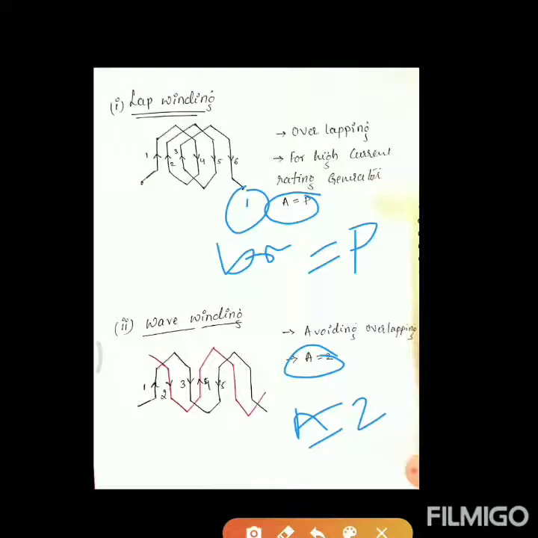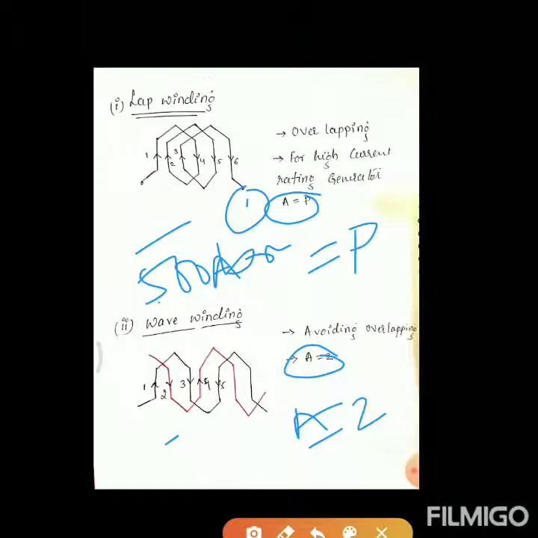Lap winding is normally used for generators of a capacity more than 500 amperes, since it is a high current rating, so it requires high current rating generators. And wave winding is preferred for generators of a capacity less than 500 amperes.